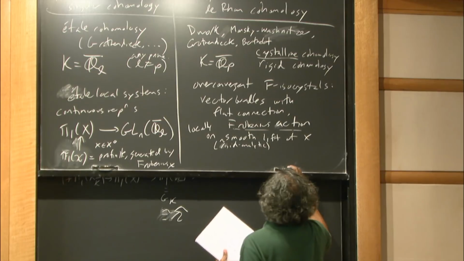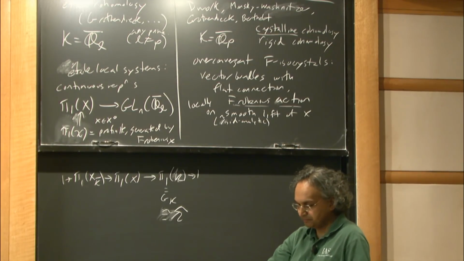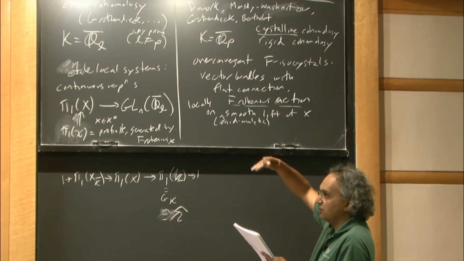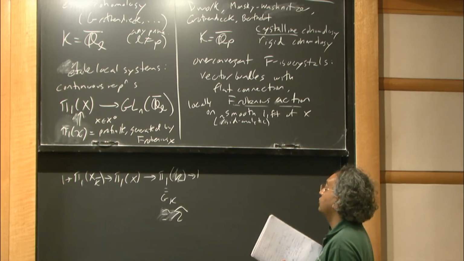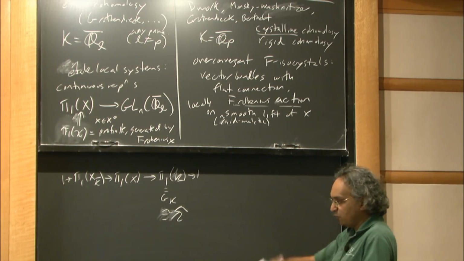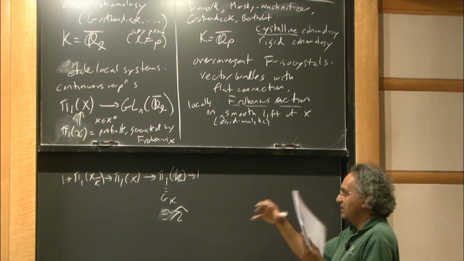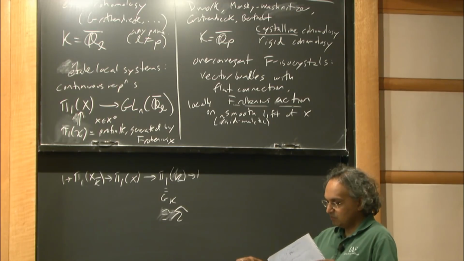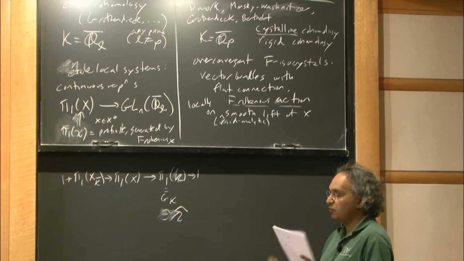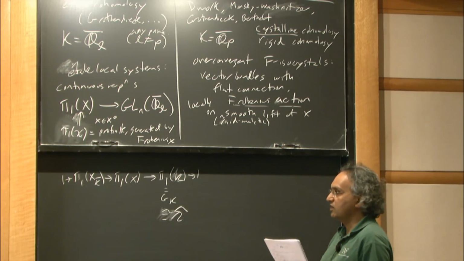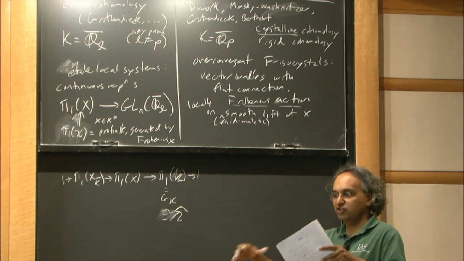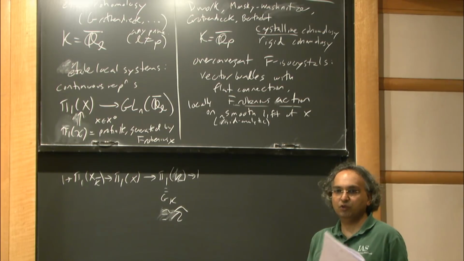So for example, if you were starting with the affine line, what I'm telling you is not to work with, well, you could lift it to the affine line in characteristic 0, but what I really want you to do is take a formal lift and then take the generic fiber of that. So if you start with the affine line over F_p, what you get at the end of this process is a closed unit disk in the rigid analytic affine line over Q_p.